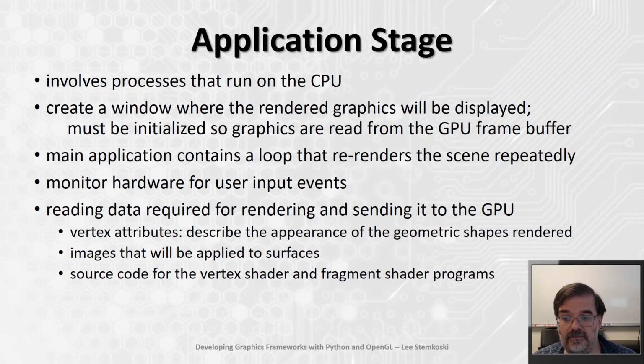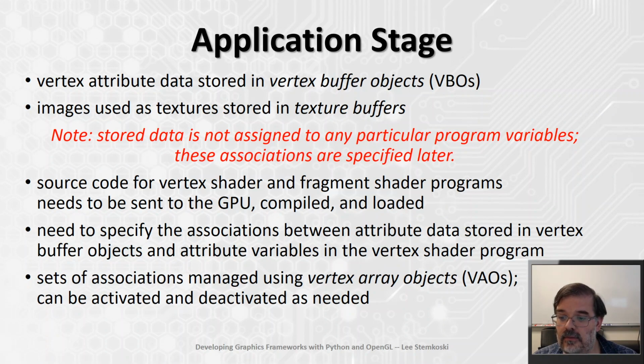OpenGL describes the functions that are used to transmit the data to the GPU, and those functions are accessed through the bindings of the programming language that's used to write the application. Now, the data which defines the appearance of the vertices, vertex attribute data, is stored in vertex buffer objects, or VBOs.